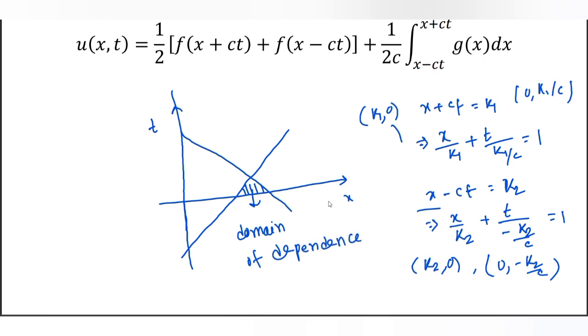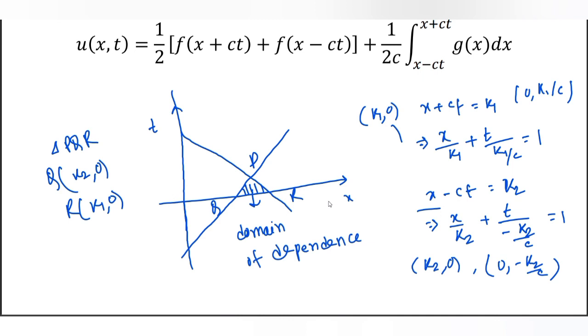So if this is called q, this is called p and r, so PQR is a triangle. The coordinate of q is (k2, 0) and the coordinate of r is (k1, 0).